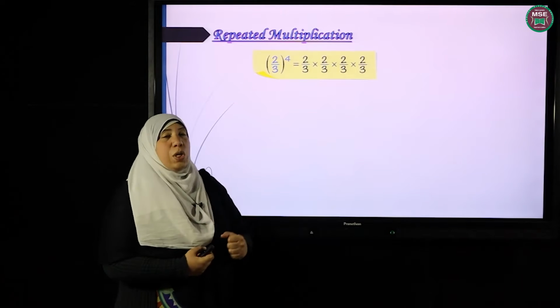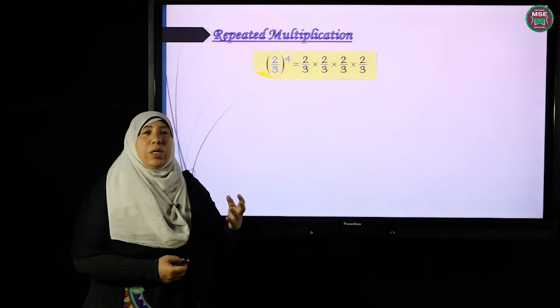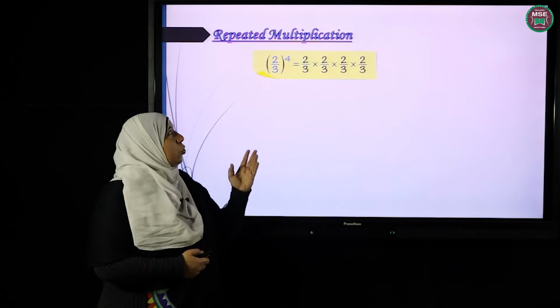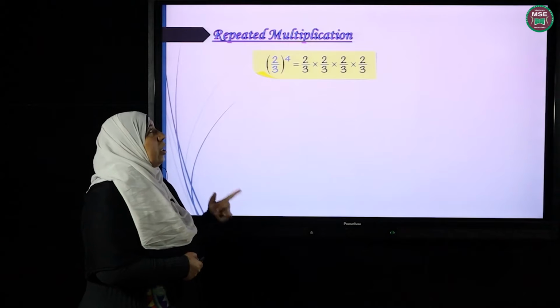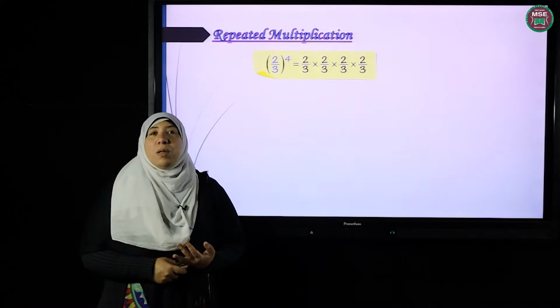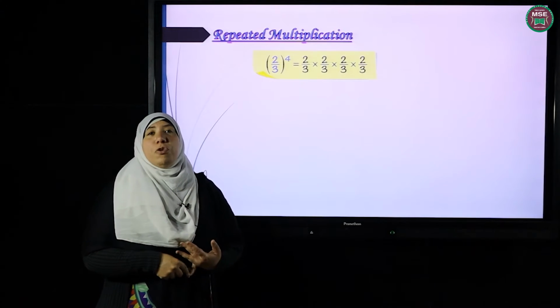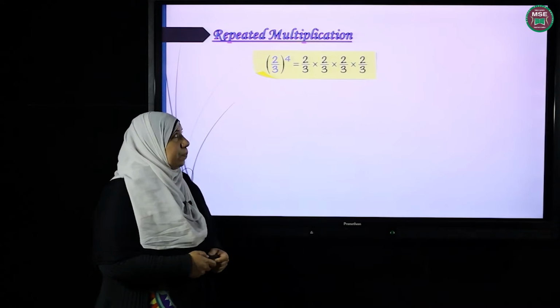Because we have studied the rational numbers, we will deal with rational numbers. If I have a rational number like 2 over 3 raised to power 4, it is a repeated multiplication of 2 over 3 four times.